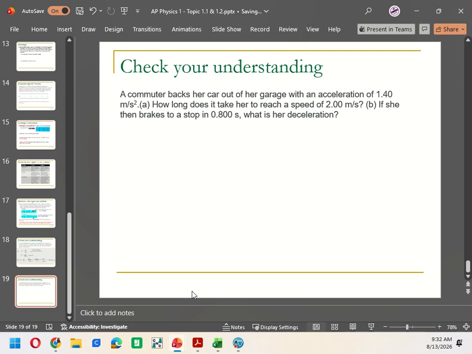Okay. All right, my next one. Part B. It says if she then, so that means that we're using the previous information, she then brakes to a stop in 0.8 seconds. What is her deceleration? Okay, so for part B, what is her end velocity?